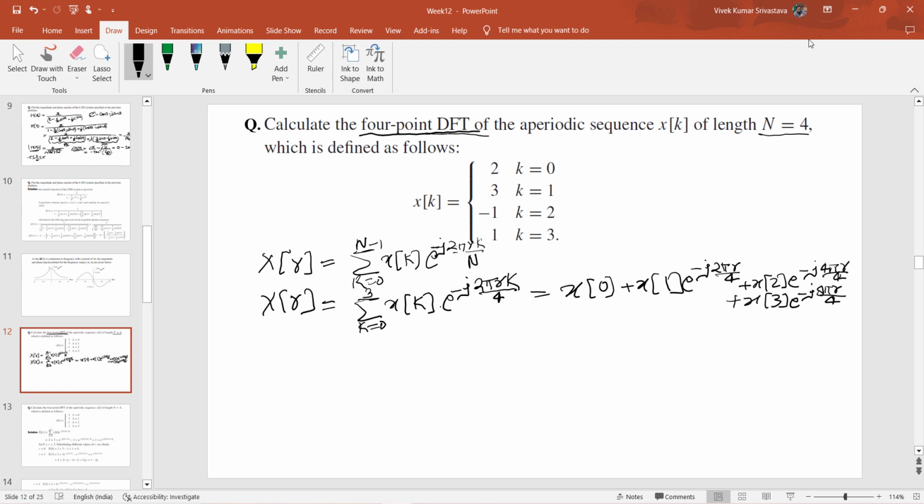Now we can put the values of x of 0, x of 1, x of 2 and x of 3 from this x of k for different values of k which is given in the problem.